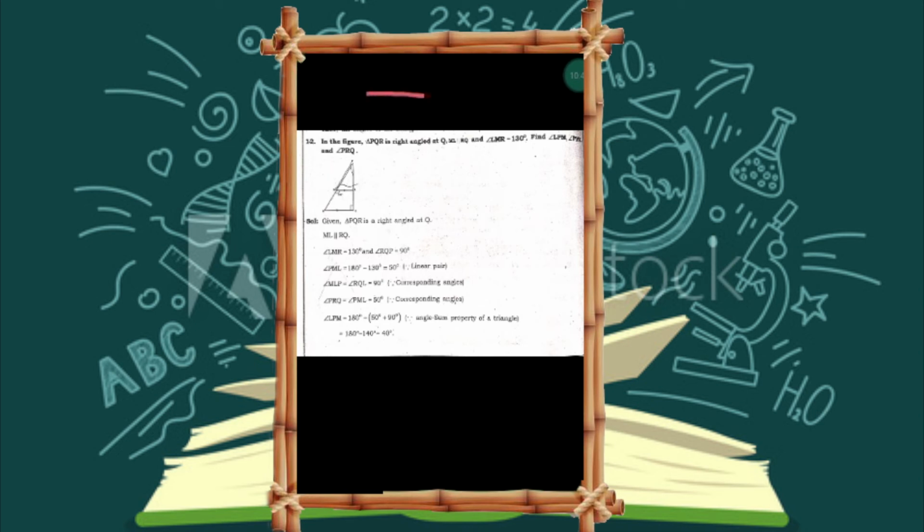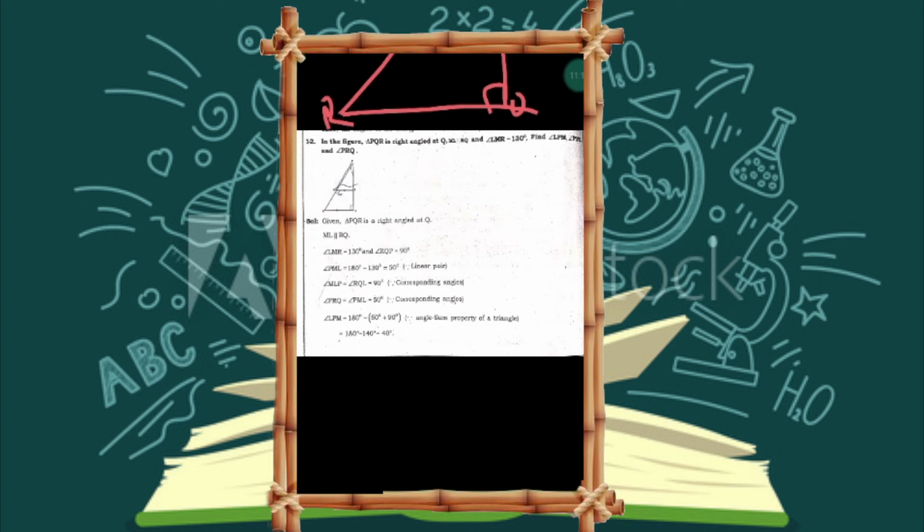See these figures children, what they gave. See here. This is a triangle. What is the triangle name? PQR. Q is 90 degrees. Why? Because they gave PQR is a right angle at Q, ML parallel to RQ. This is one more line.